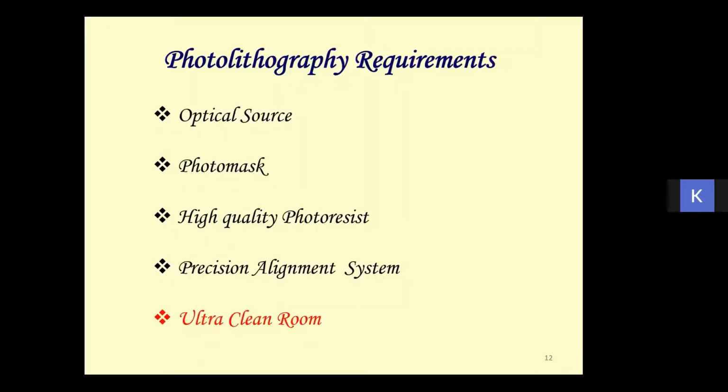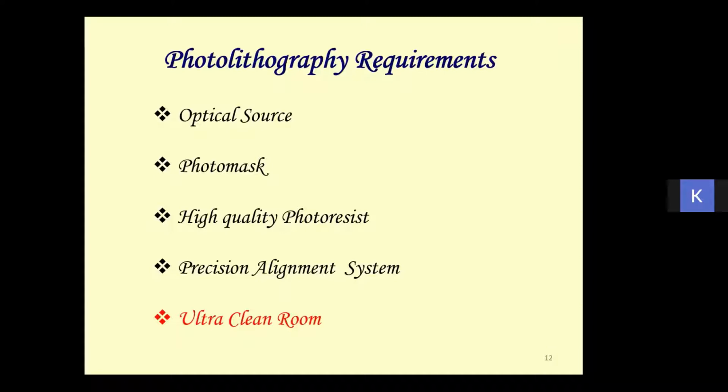Okay. Now, whenever you have to do photolithography, what are the things that you need in your lab? For photolithography, you need an optical source. Obviously, that is the source that will be used in photolithography. You need a mask, that means a design, or you can say the pattern should have some design of your circuit or whatever you want to transfer on the wafer.